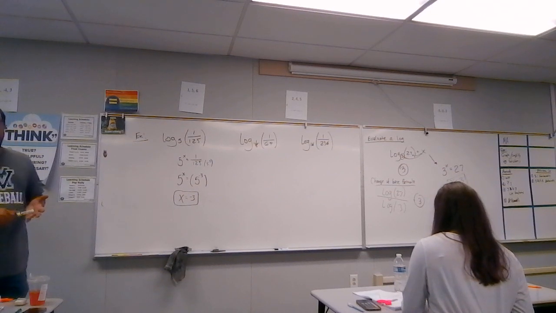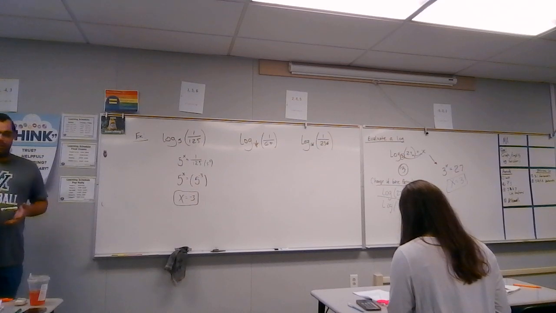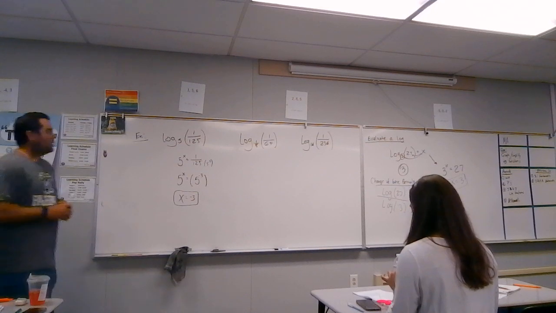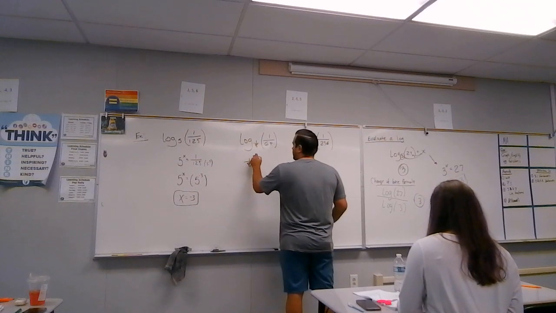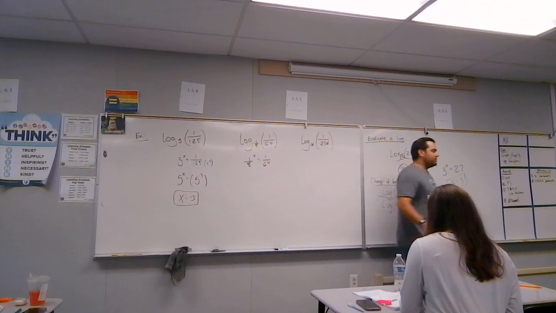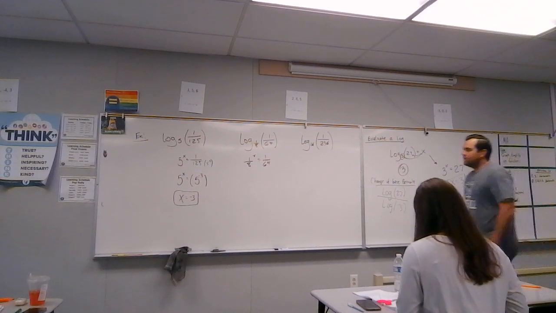Always keep an eye out for a fraction. If you're doing these problems and you get a fraction, that means the exponent has to be negative in some way, shape, or form. Now this one, 1/8 to the x power equals 1/64. Since they're both fractions, most of you realize 8 times 8 is 64, so if you just square it, you're good.